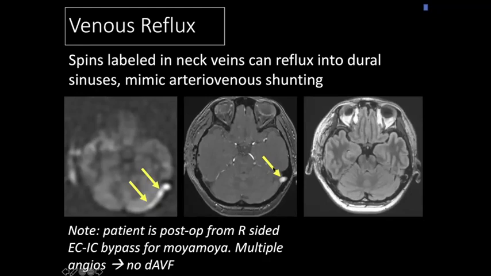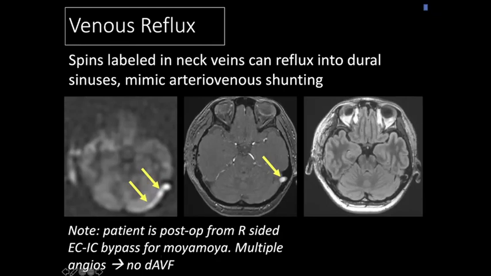This is an artifact that is also commonly observed on time-of-flight MRA acquisitions, where we have labeled spins that are venous rather than arterial and that reflux in the venous system. This was a patient, however, who happens to be post-op from a right-sided ECIC bypass for Moyamoya.